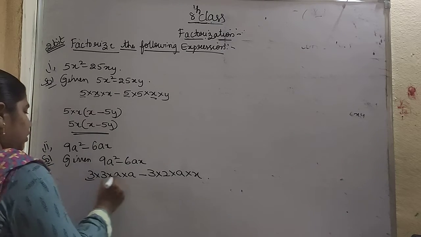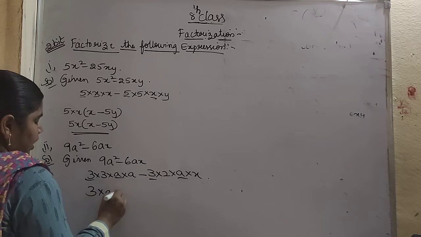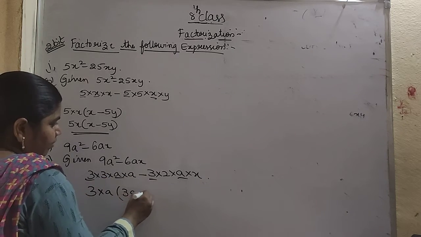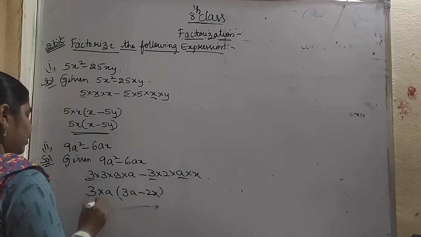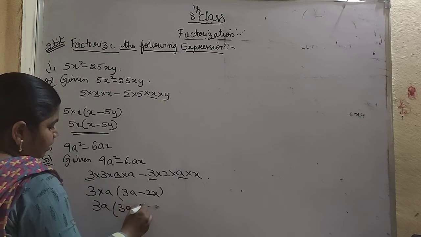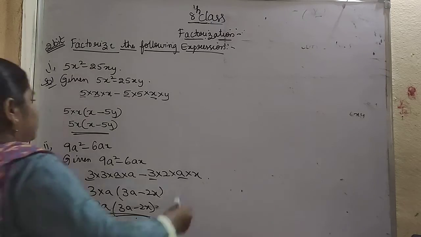Now 3 is common, a is common, and the remaining terms we arrange in the bracket, that is 3a minus 2x. So the factorization of the given expression is 3a into 3a minus 2x. So this is the factorization for the given question.